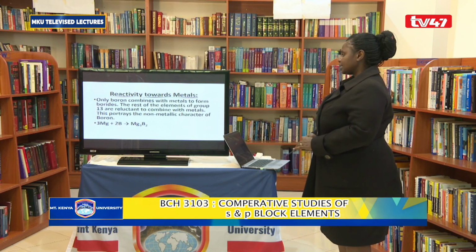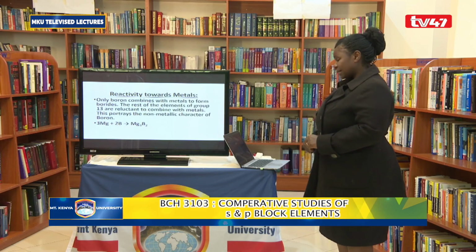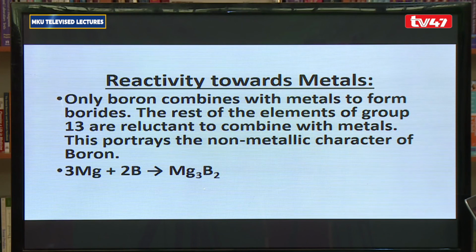The same case, if you react magnesium with boron, then it forms magnesium boride. So this is only true of boron in group 13. Among the group 13 elements, only boron reacts with other metals to form a chemical compound.